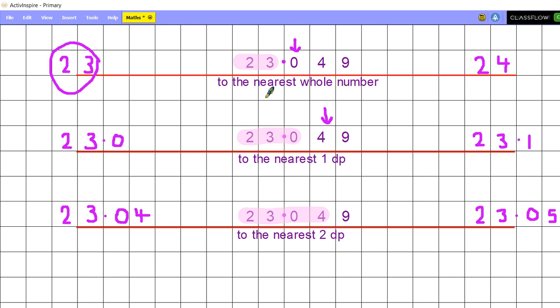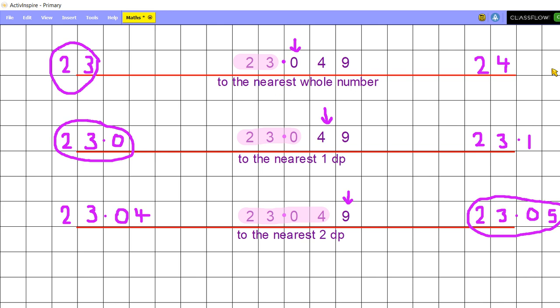Is that going to round up or is it going to round down? 4 is going to round down. Good. And finally, 23.04 or 23.05. I look at my number after those 2 decimal places, which is a 9. And the 9 will be rounded up now. Oh, gosh, I'm terrible at drawing these.